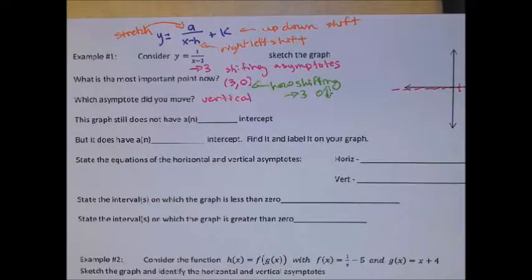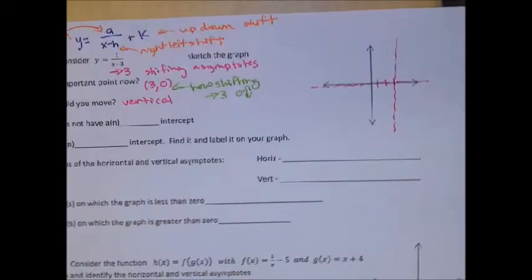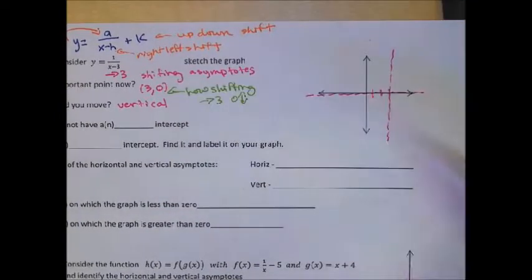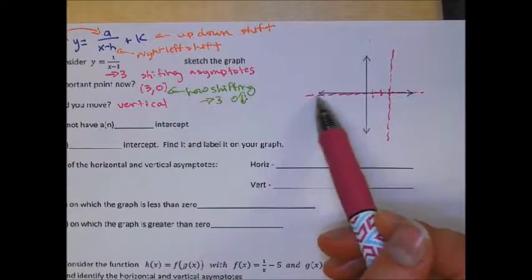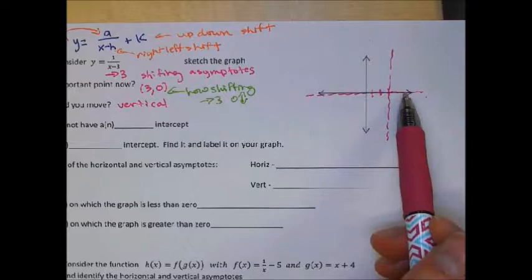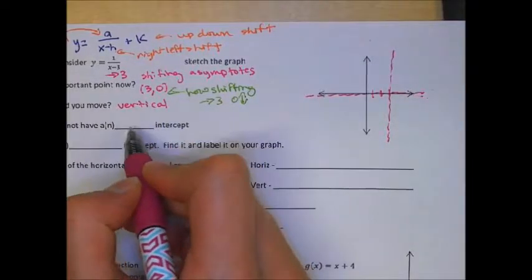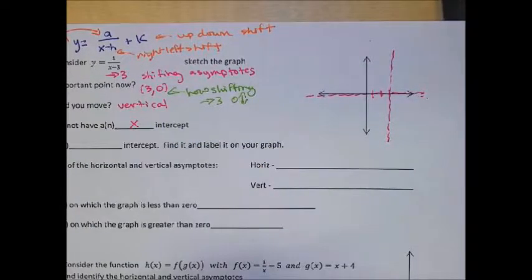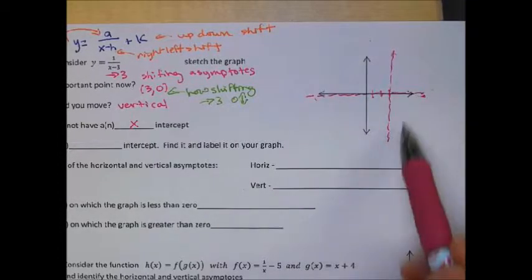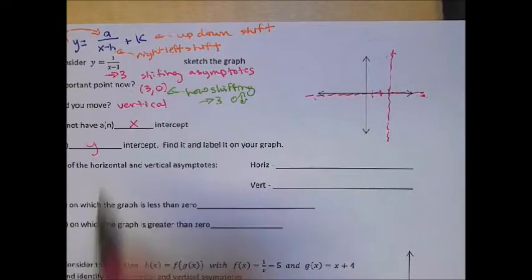Okay, so let's look at what x and y intercepts. Since I have an asymptote here, I'm never going to have y equal or x equal on here. So we don't have an x-intercept. Since there's an asymptote there, we're never going to cross the x-axis. But since this asymptote moves, we can have a y-intercept.